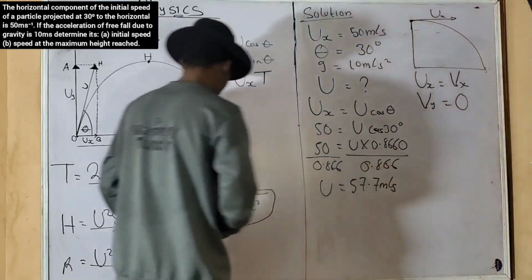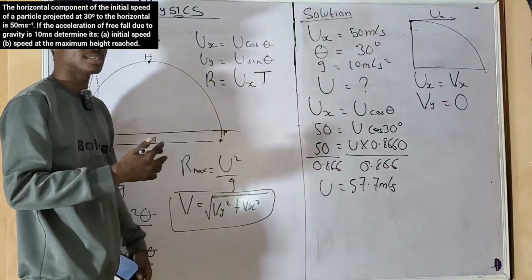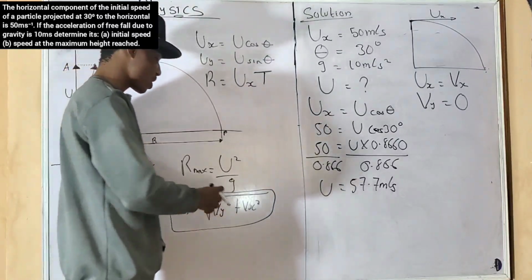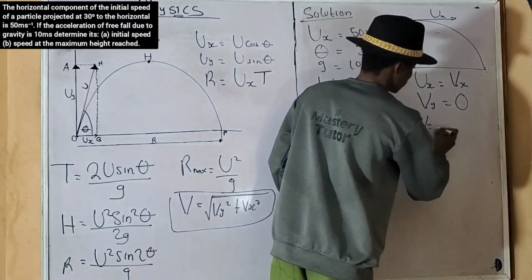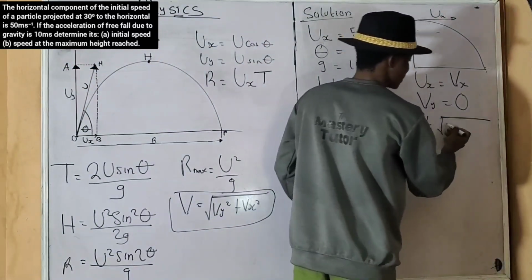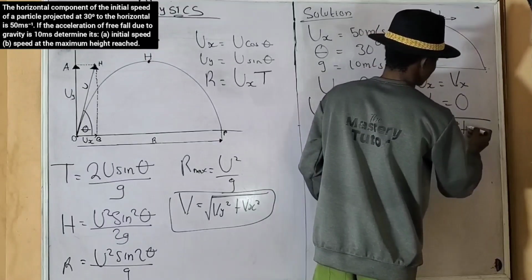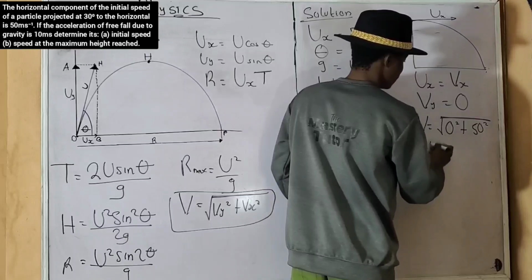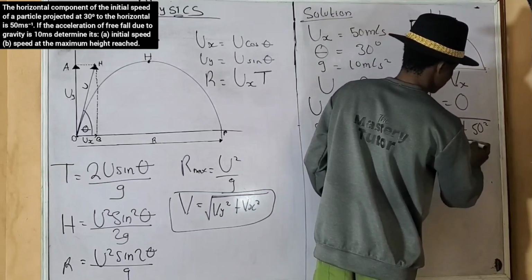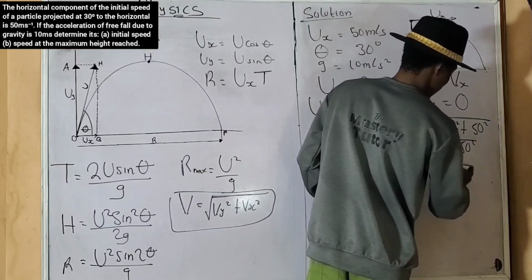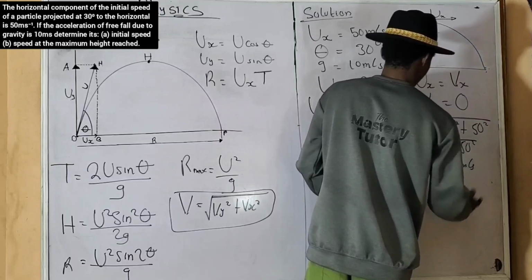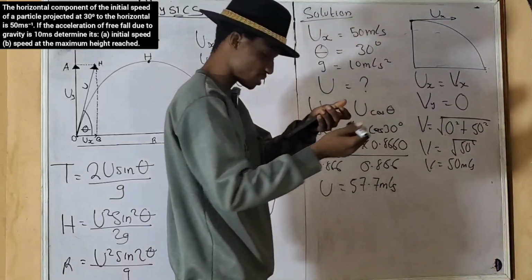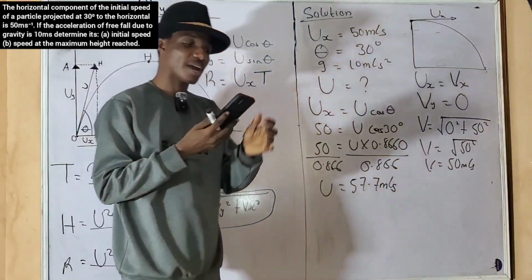So from this formula, v, the velocity at the maximum height reached, will be the square root of vy squared plus vx squared. That is the square root of 0 squared plus 50 squared. V will be equal to 50 meters per second. So that is the velocity at the maximum height reached.